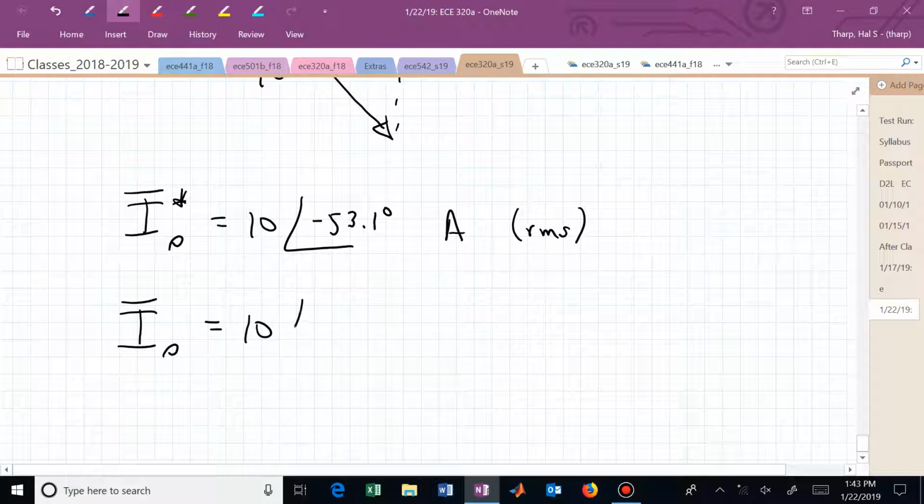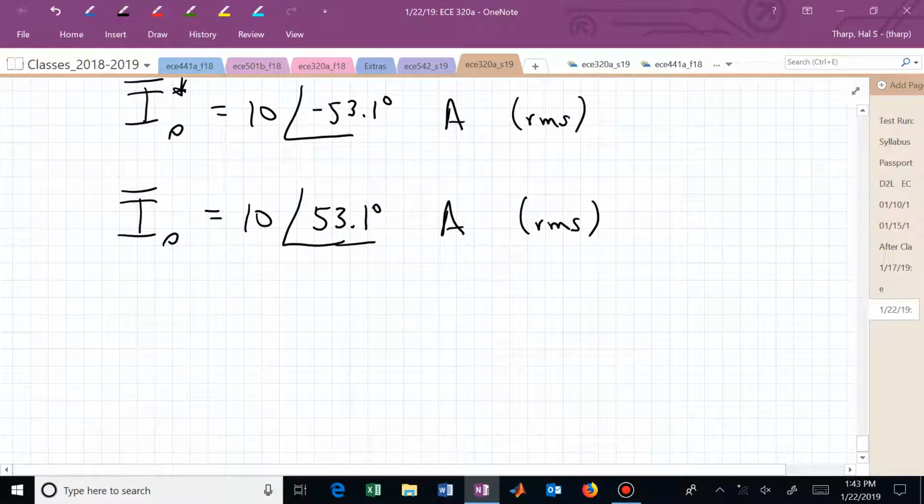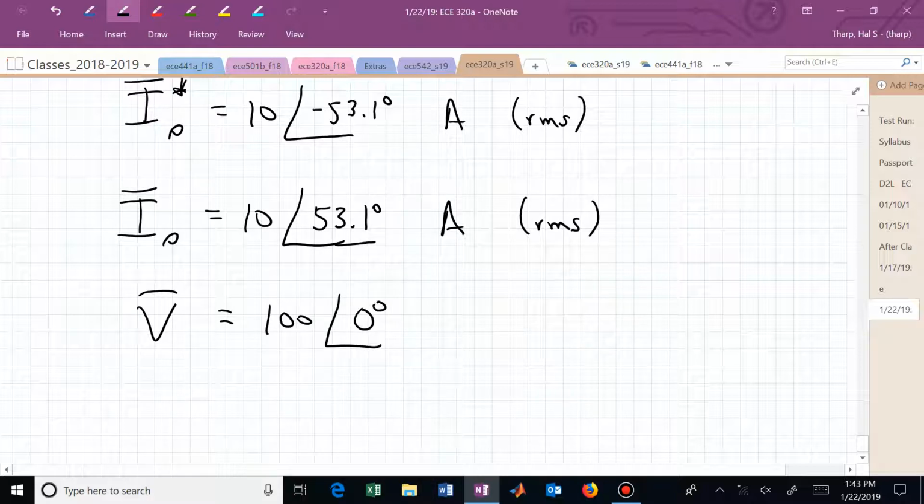We just need to change the sign of the angle. And there is our current that is needed to actually supply those three interconnected loads. Our voltage V was 100 at 0 degrees.